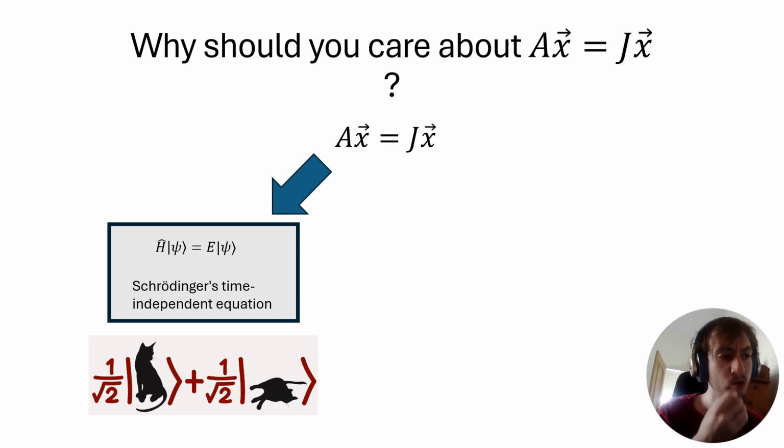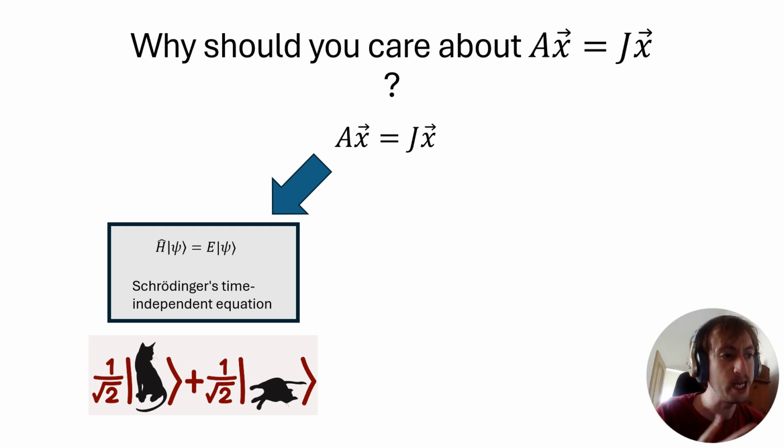Instead, the Hamiltonian starts acting as a matrix whose eigenvectors are the possible, well, if you like, classical states of the system. Well, I say classical states, really the possible states of the system.